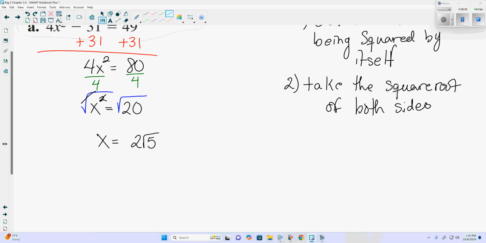Now, whenever we take the square root, more specifically, whenever we take an even root, for this chapter we're mainly going to be looking at square roots, but fourth roots, sixth roots, eighth roots go on, we have to add a plus or minus, positive or negative. Because again, we're trying to figure out what number times itself is 20, yes?